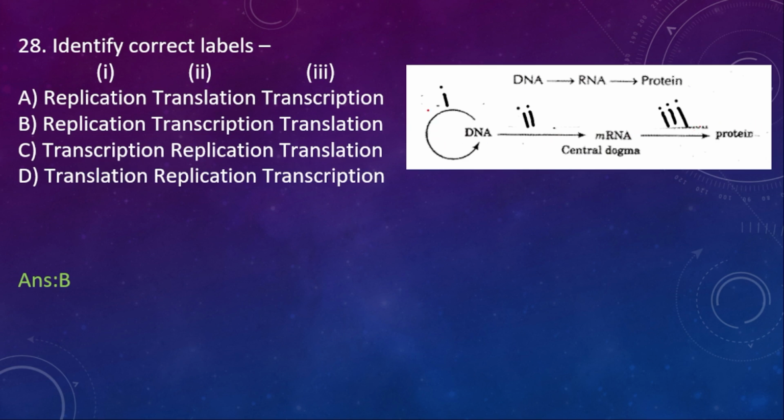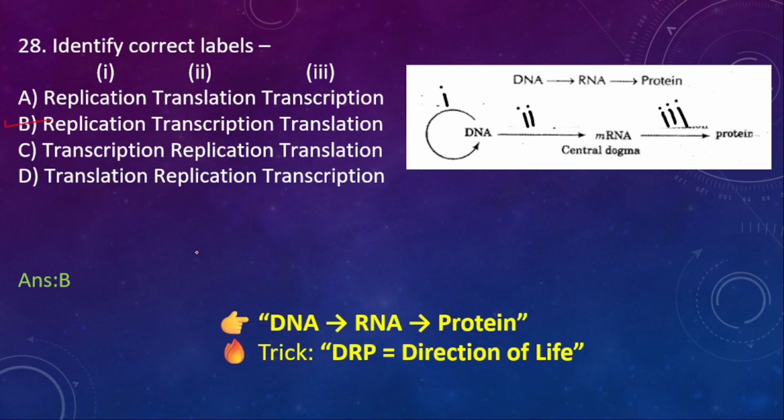Replication, transcription, translation. So the right option is option B. DNA to DNA is replication, DNA to RNA is transcription, RNA to protein is translation. DRP, the direction of life: DNA gives RNA, RNA gives protein.